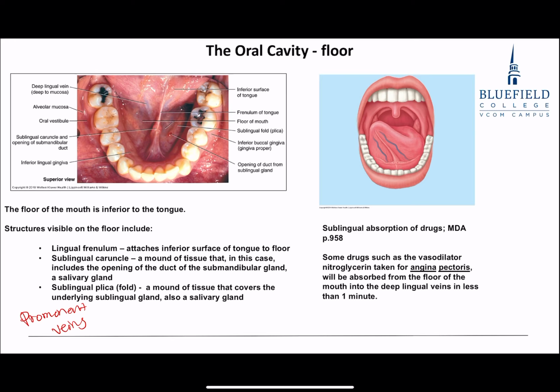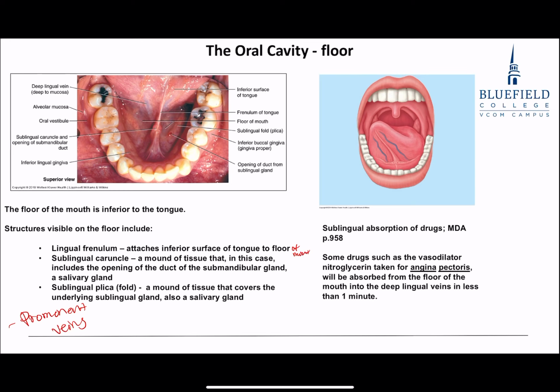The other thing that you see is, of course, a mucous membrane, and that membrane forms a lingual frenulum, very prominent. This is the lingual frenulum, attaching the base of the tongue to the floor of the mouth. The other thing associated with that is this lump. This is not an abnormal structure.